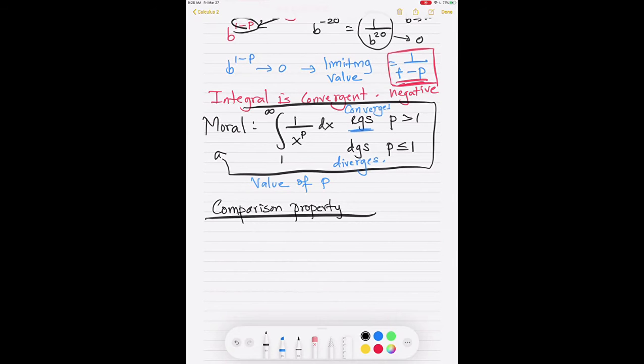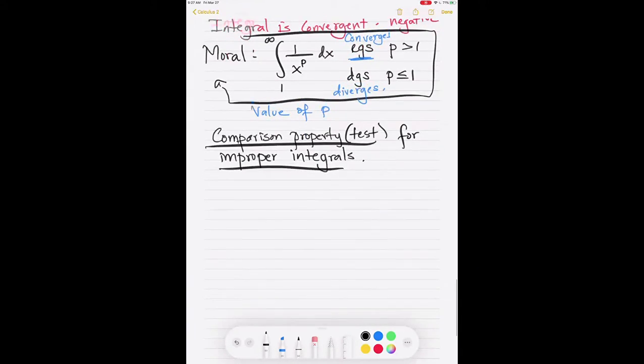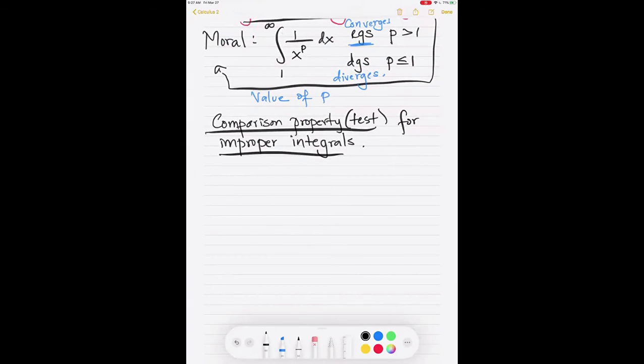So it's comparison property, actually a test for improper integrals. So Joshua, I want you to answer this one because this terrifies you. So you should be able to answer this one for me. Everybody just stop writing because I'm going to literally draw pictures.